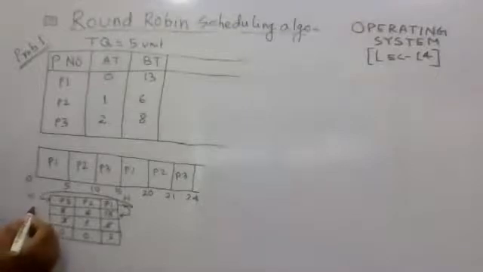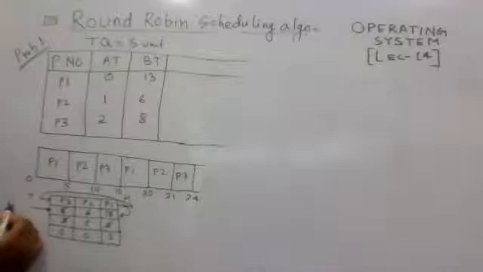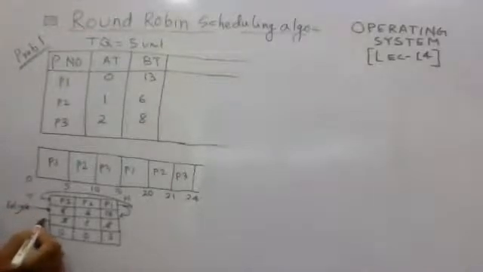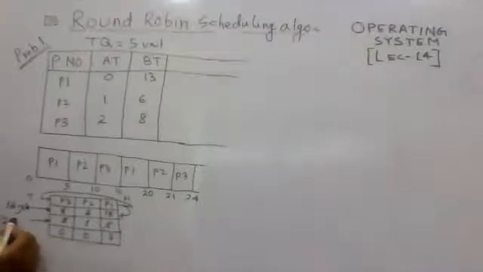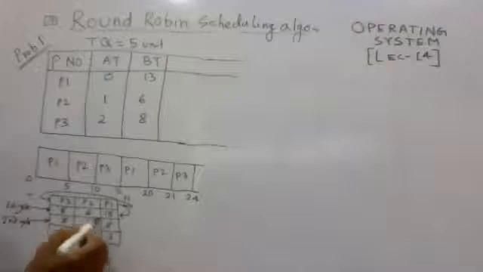So actually this is our first cycle, this is the second cycle, and this is the third cycle, but in the third cycle we have only one process remaining, that is P1.